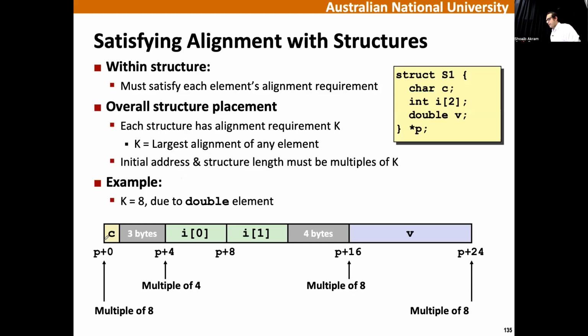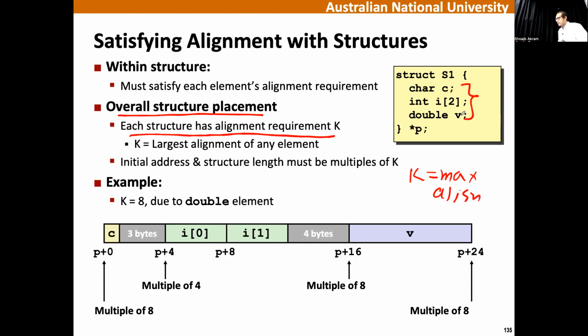So this is an example once again. There is a restriction on the overall structure placement. Each structure has an alignment requirement K, where K equals the maximum alignment requirement of the data types that make up a struct. So in this struct S1, double has the largest alignment requirement of 8 bytes.